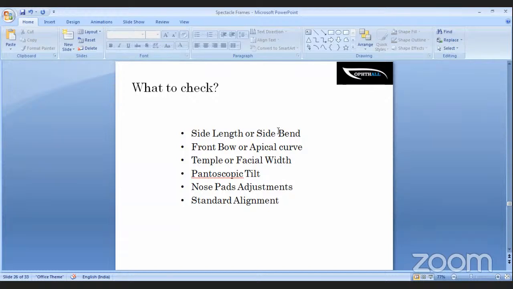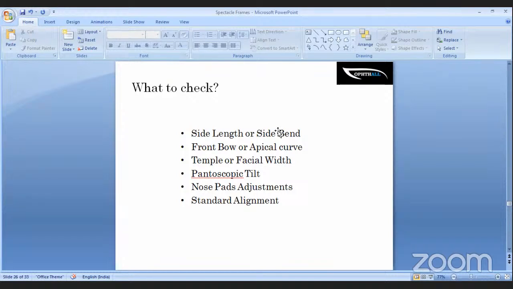Then pantoscopic angle. Pantoscopic angle is vertical. It determines the vertical fitting of the spectacle frame on the wearer's face, and this is a very important fitting not only for bifocal lenses but also for single vision lenses. Then in metal frames, you also need to adjust nose pads. Last but not the least, you also need to make sure that the frame is aligned properly.